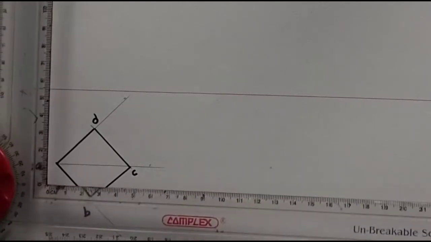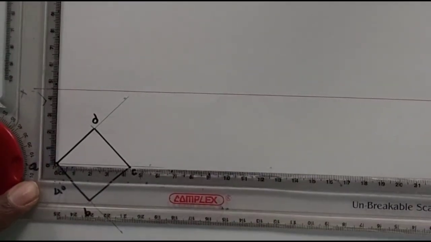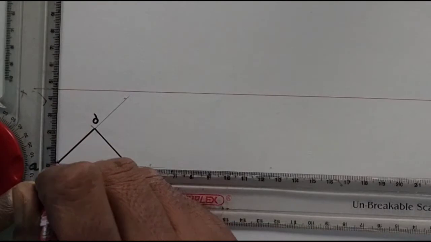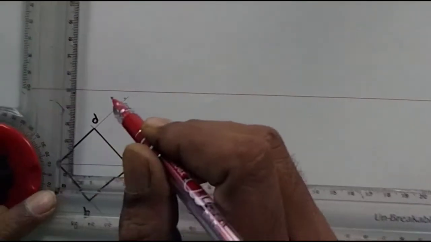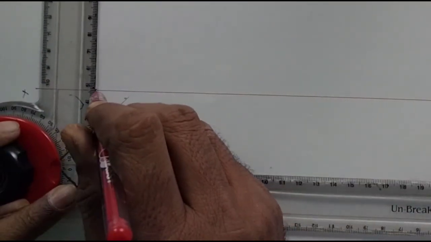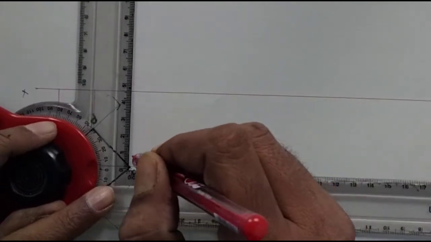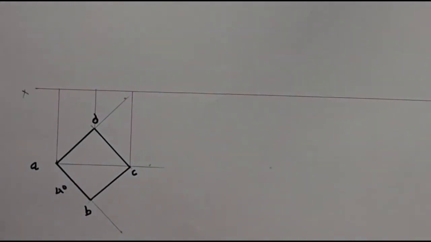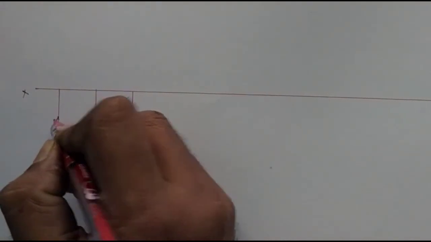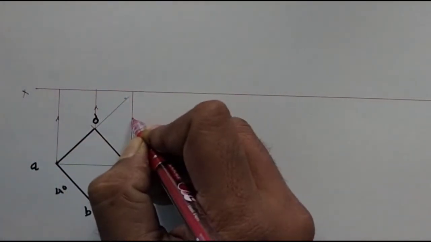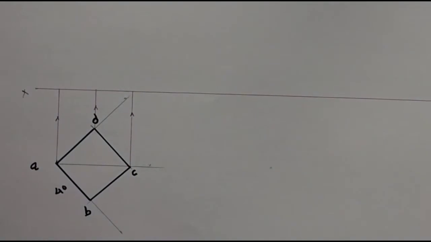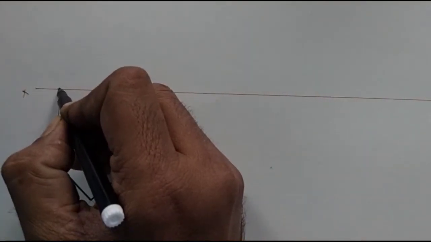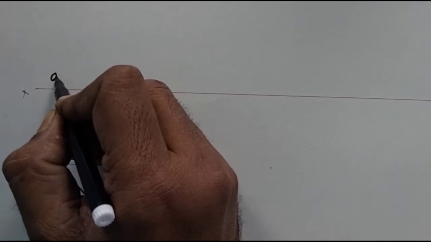Now the elevation. The plate is on HP, so always the elevation is on the XY line. So we collect the vertical projection. We show the moment arrow and mark our elevation point on XY.